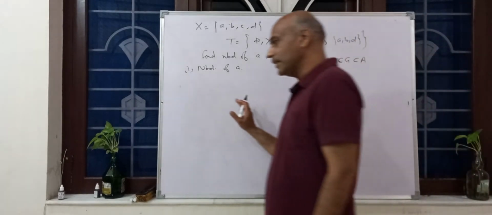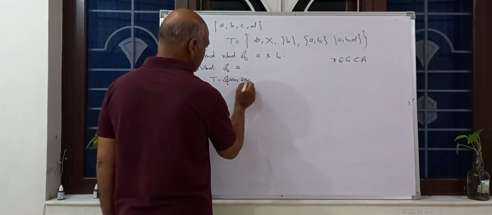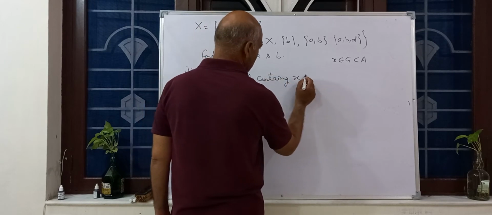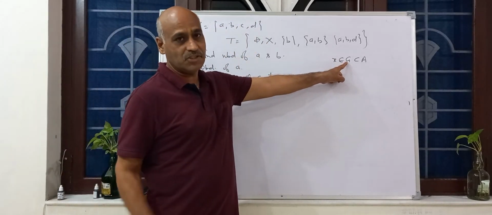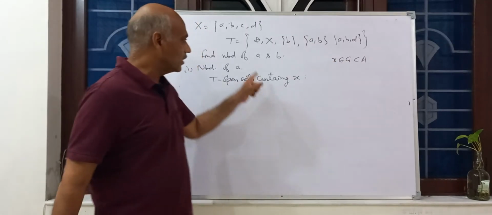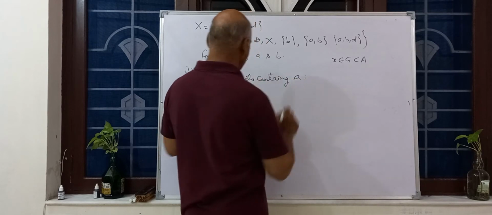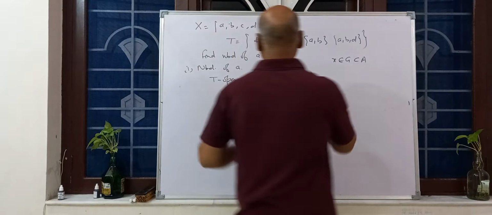So first we will find the T open sets containing X. T open sets means this G, G containing X, where X is A here. So what are the open sets containing A?